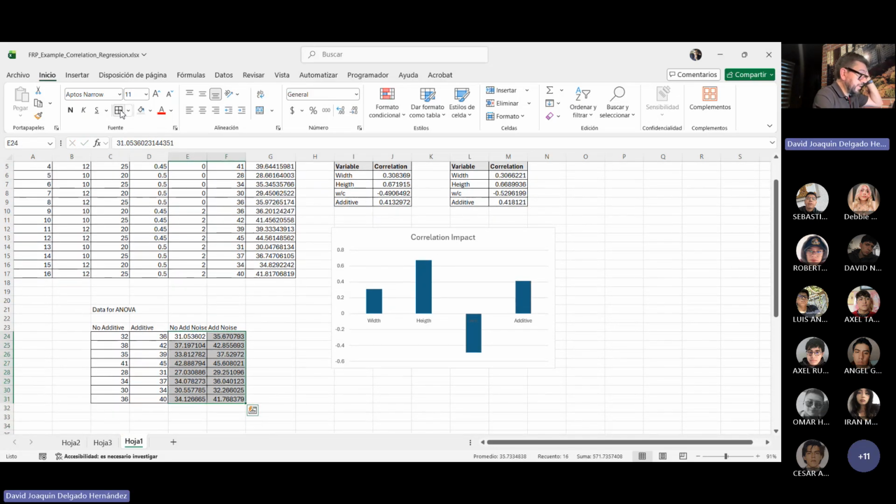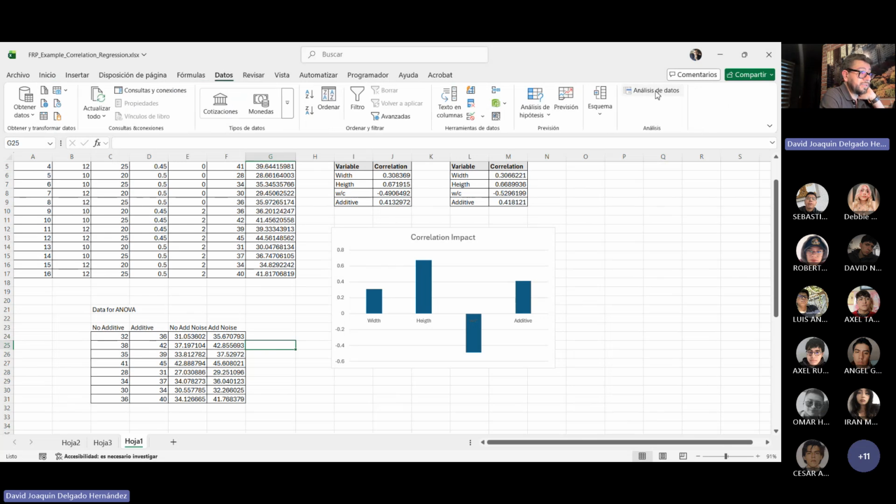Okay, so let us carry out the ANOVA. So for the ANOVA, you go to Data, Data Analysis, and you look for the ANOVA. Here, analysis of variance, one factor ANOVA. Accept.